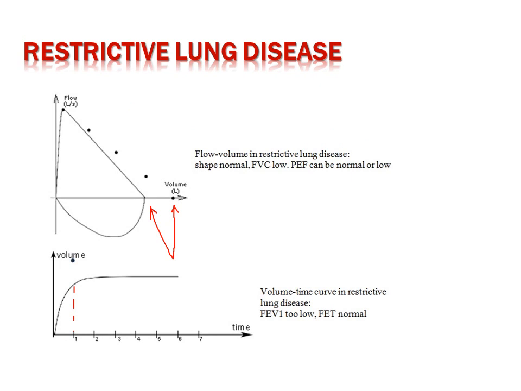This is the situation in restrictive lung disease. The changes are not in the shape of the flow volume loop, but in the volumes. Please note where I put the arrows. In restrictive lung disease, the total lung capacity is dramatically decreased, but the slope of the expiration curve, or the expiration part, is normal.